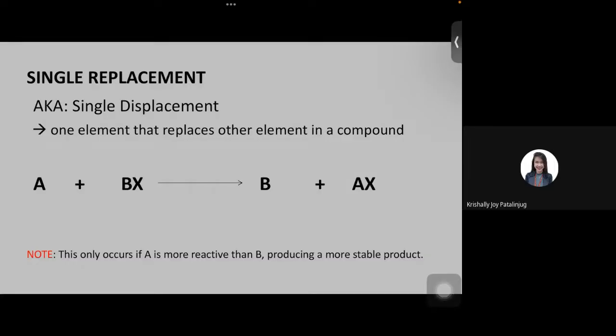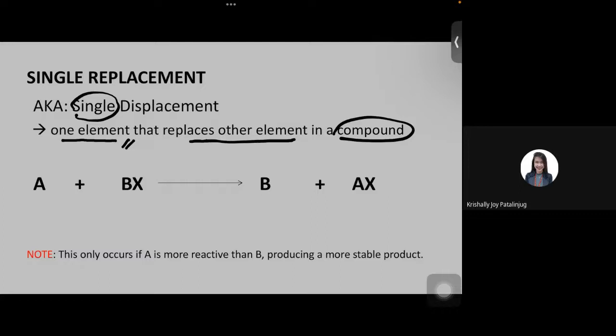This is single replacement or also known as single displacement. So based on the term, you have a single element, one element which may occur as diatomic molecule or as monoatomic na element. So pwede yan. So one element, it attempts to replace other element in a compound. So that's single displacement.